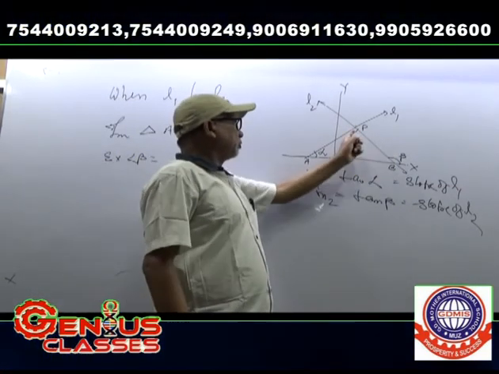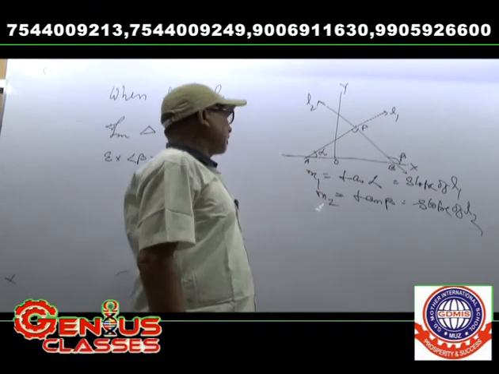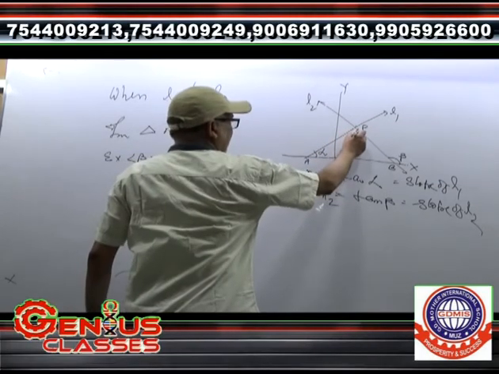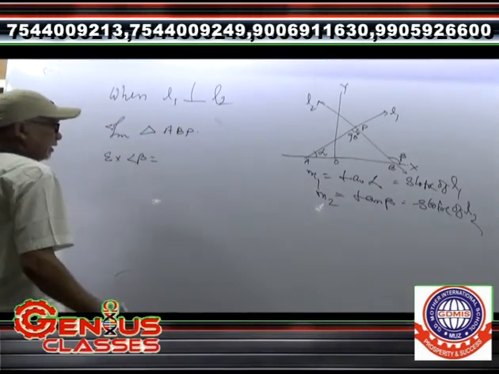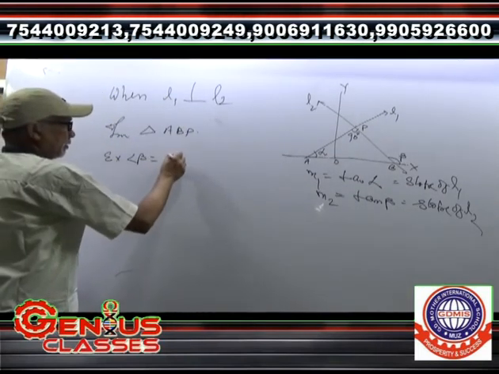Therefore, beta is equal to this angle plus this angle, 90 degrees. So, angle beta is equal to 90 plus alpha.